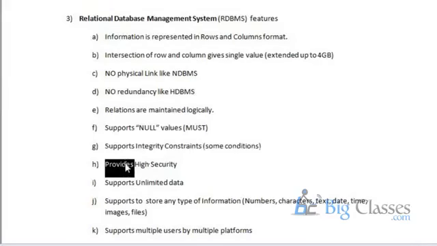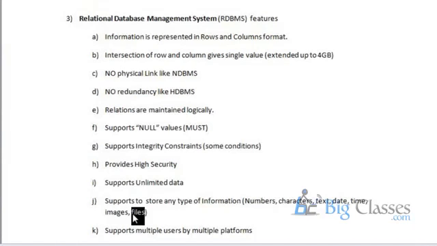You can mention these kinds of constraints in databases. It provides high security. Compared to file storing, this provides high security. Supports unlimited data. Then supports storing any type of information. You can see the various types of information like numerics, character, text, date, time, images, files.